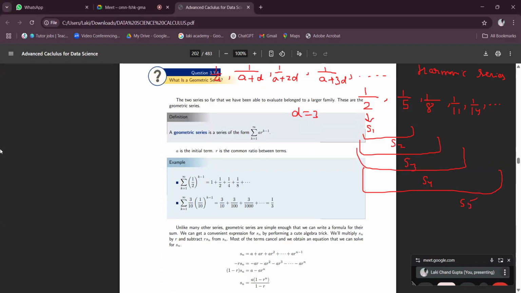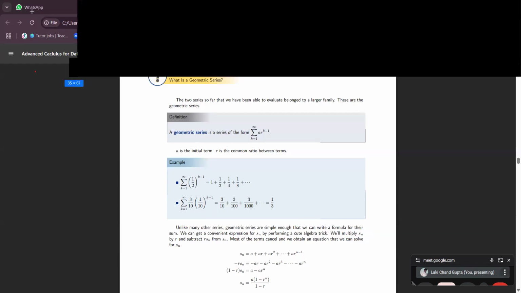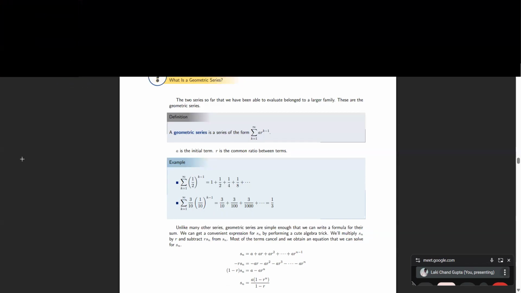See, what is geometric series? Already told you yesterday. Any series in which the first term is multiplied, a common number is multiplied in each term. For example, A into R, A into R square, A into R cube.